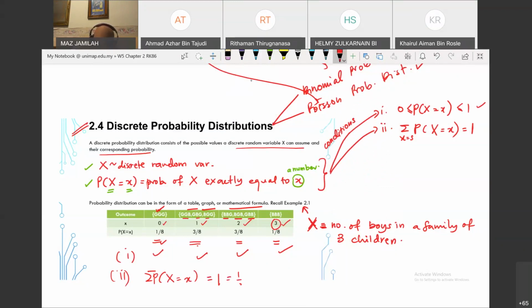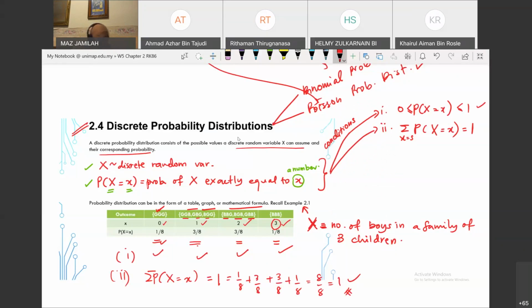How? 1/8 plus 3/8 plus 3/8 plus 1/8 is 8/8, which is equal to 1. So it is fulfilled. Those conditions are fulfilled.